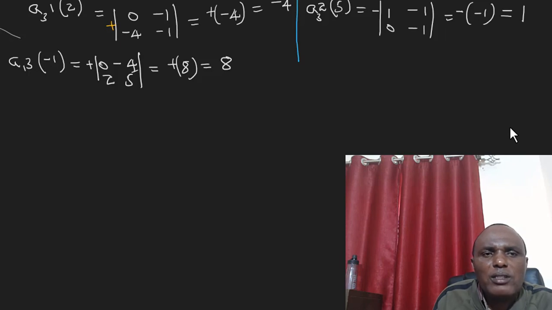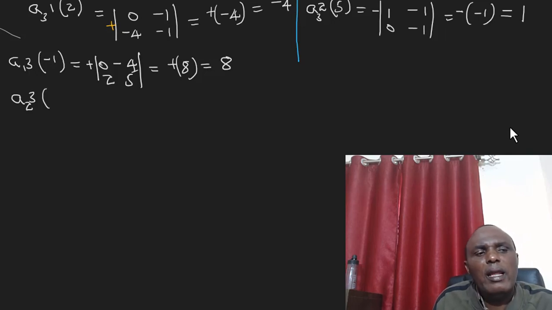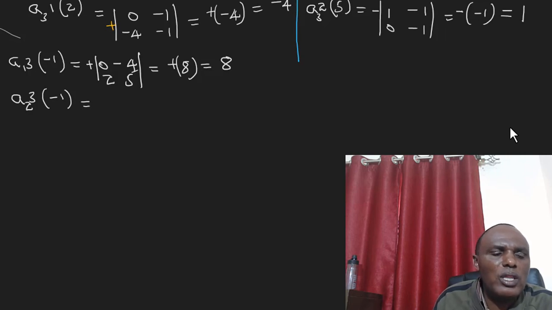Then we get to the next one, that is the element in the second row and the third column. That element is negative 1 again. And how do we get its cofactor? We remove the elements touching the same column and row with the negative 1, and what we get is 1, 0, 2, 5.